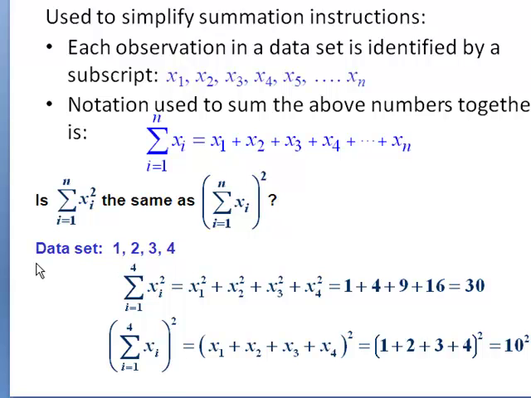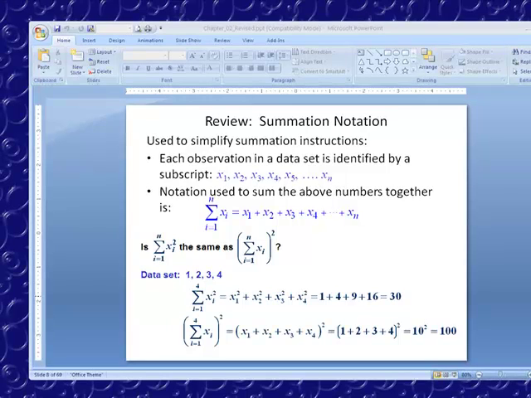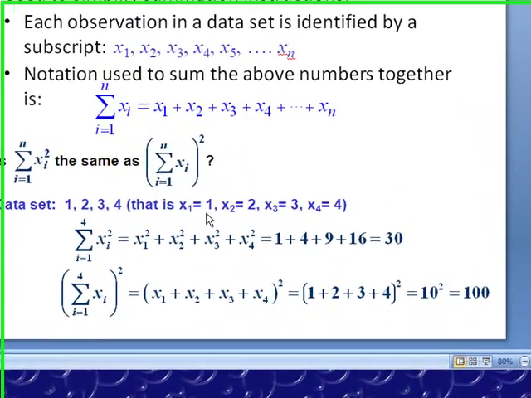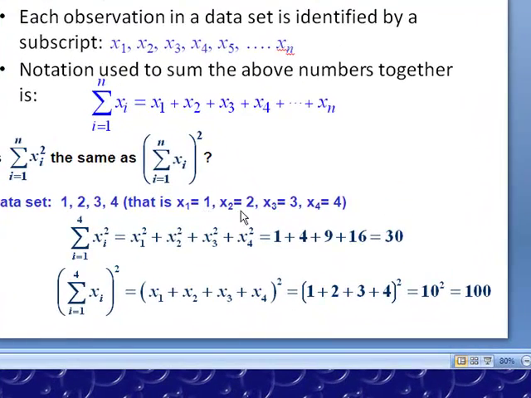Let's say that our data set is 1, 2, 3, and 4. So x sub 1 equals 1, x sub 2 equals 2. Our second data value equals 2. Our third data value equals 3. Our fourth data value equals 4.